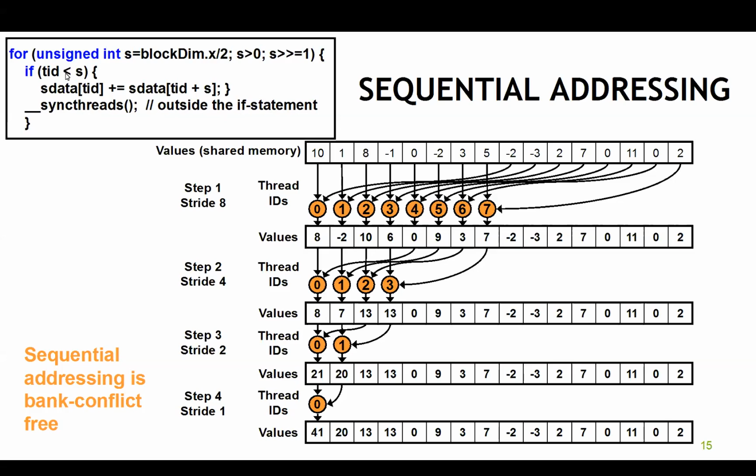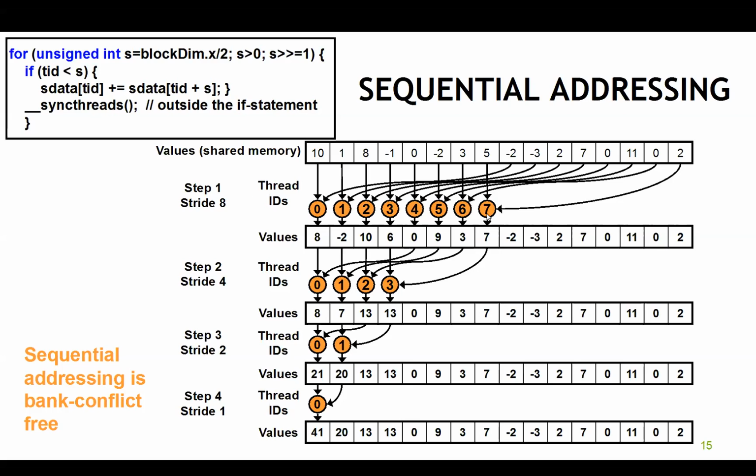So initially we're selecting a subset of threads at each level of reduction. We're selecting a subset of threads to actually do the sweep operation. And then we're making all threads in the block wait for every thread to complete. Once we're done with that, then we go back and iterate again on the for loop. And as we iterate on the for loop, we move downward on the right-hand side diagram.